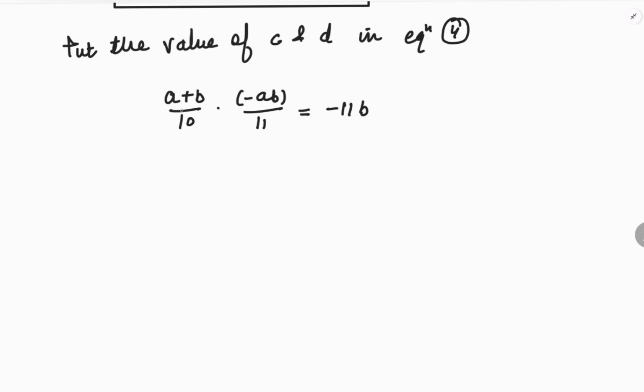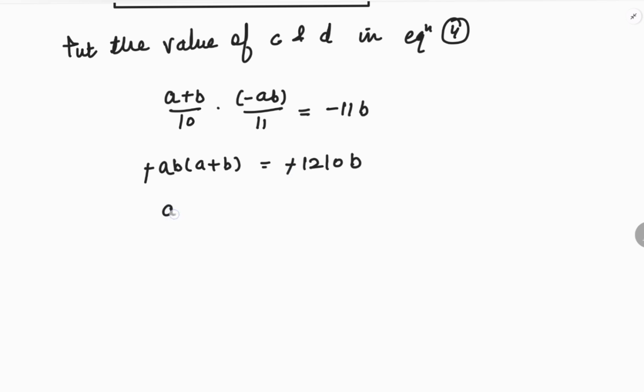Okay, if we multiply the numerator, here we have A plus B, right? AB times A plus B is equal to, this denominator we will take on the right hand side. It will become minus of 1210B, right? Okay, now we can cancel out the negative sign.